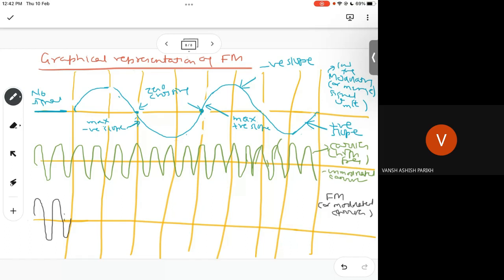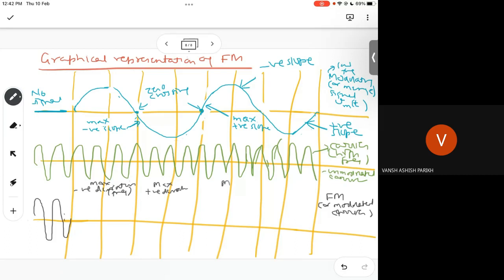Now here there are certain points. Here I am getting the maximum negative deviation, because we are talking about the frequency deviation. And at this point we'll have maximum positive deviation.